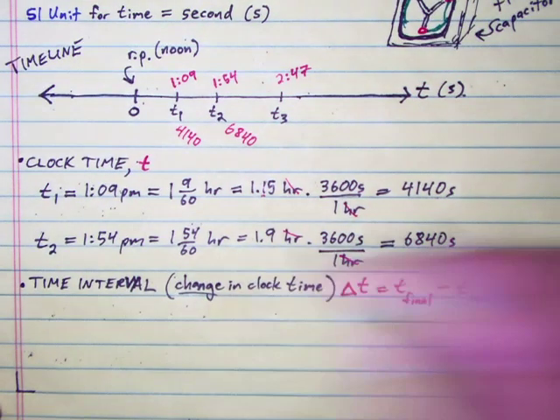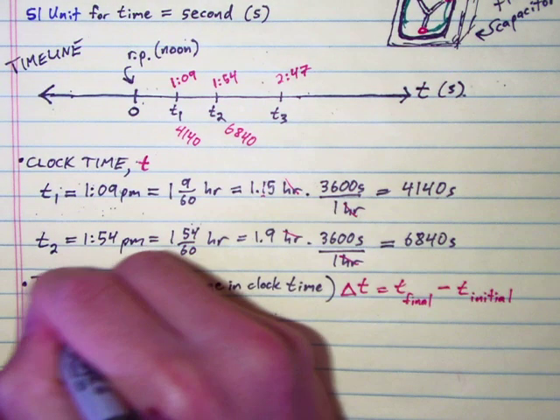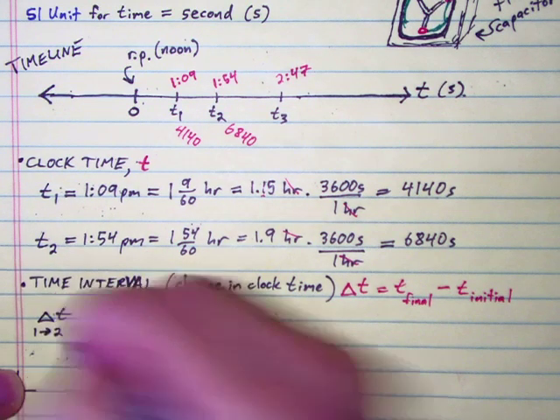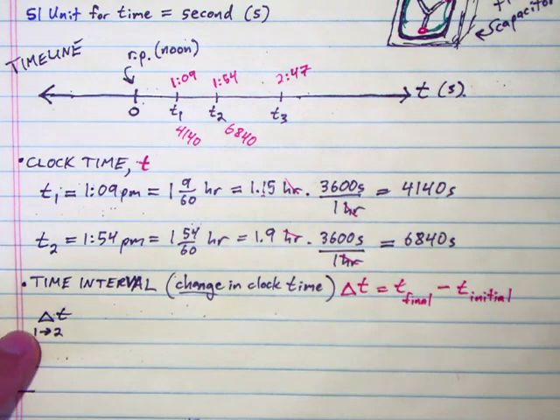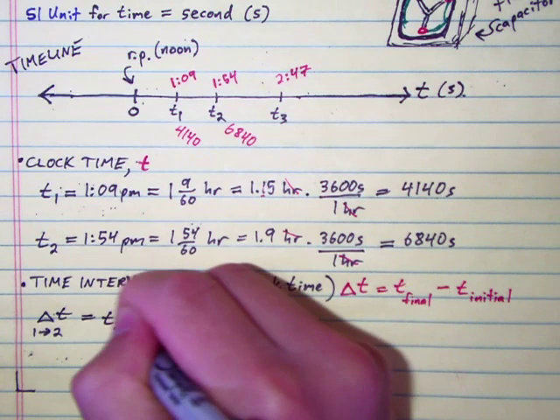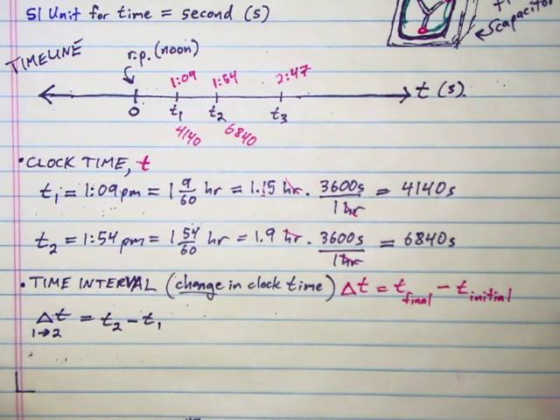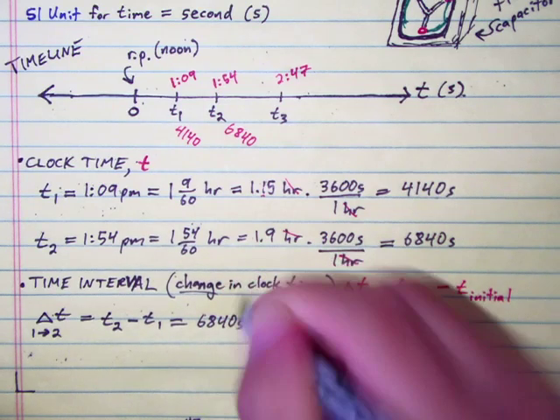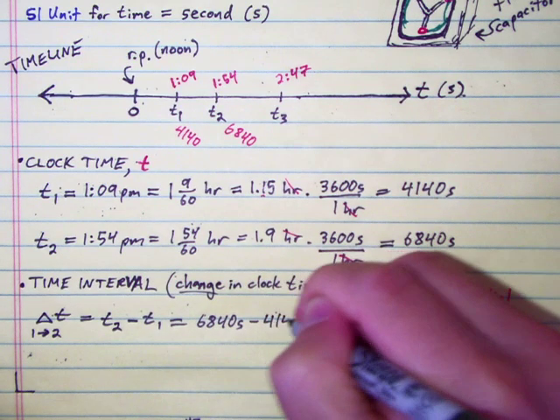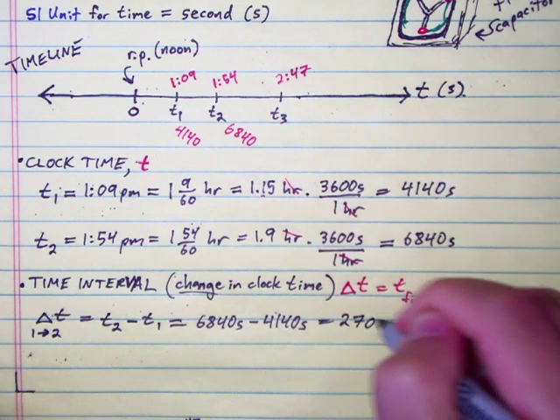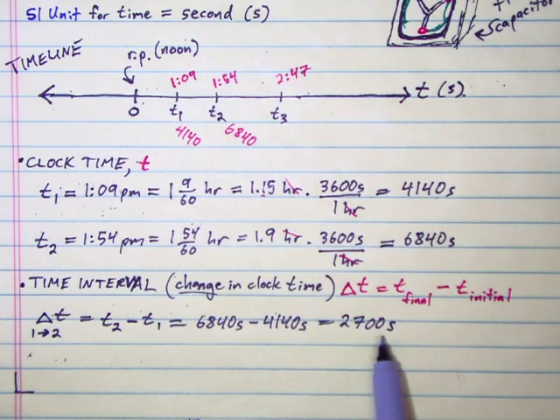So for instance, if we want to find the change in clock time, the time interval, delta T, between events 1 and 2, in other words, how much time elapsed between events 1 and 2, we take the final time, T2, minus the initial time, T1. T2 was 6840 seconds after noon. T1 was 4140 seconds after noon. The difference between them, 2700 seconds. So that's our time interval. 2700 seconds elapsed between those two events.